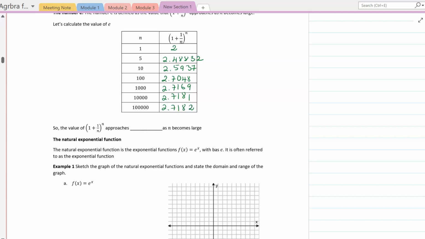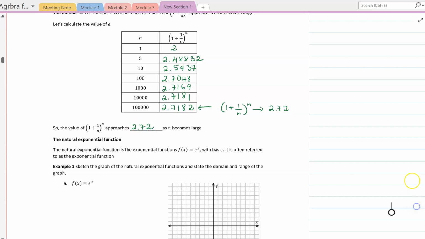So note that as n becomes larger and larger, the value of (1 + 1/n)^n is approaching 2.72.